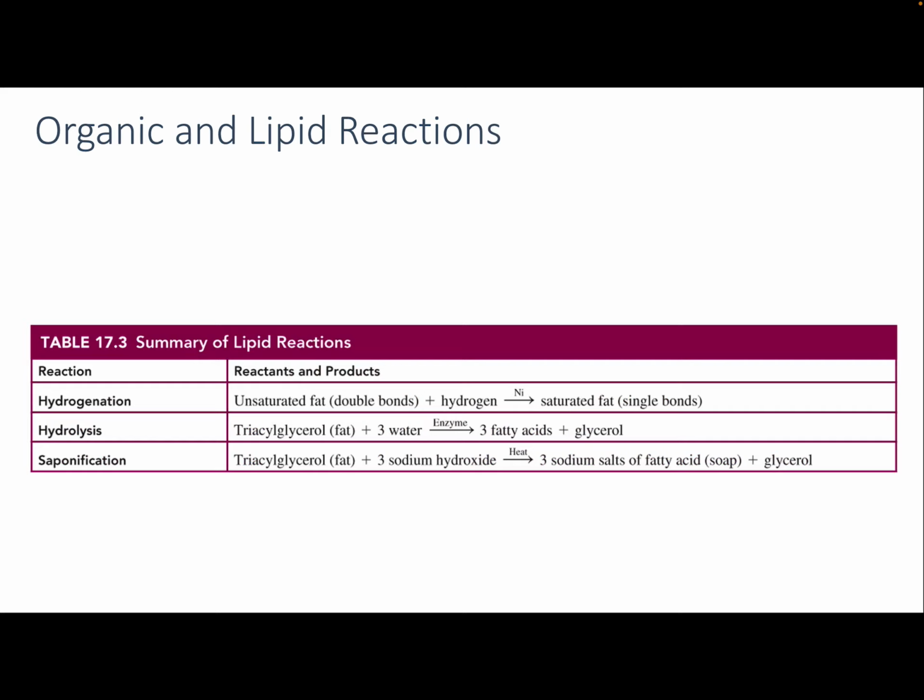The three reactions for our triglycerides are the hydrogenation, the hydrolysis, let's call it acid, and then the hydrolysis, let's call it base, or you can call it saponification. That's the real name for it. But it's base hydrolysis. This is a nice resource too because it tells you what you're getting at the end.